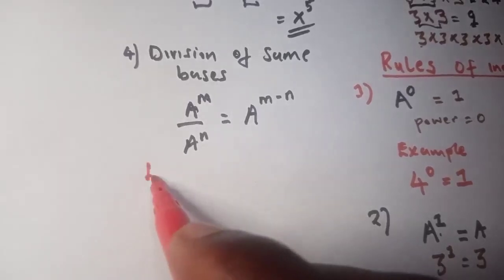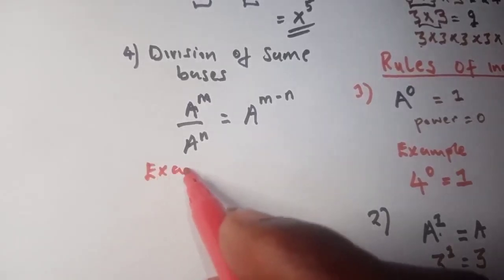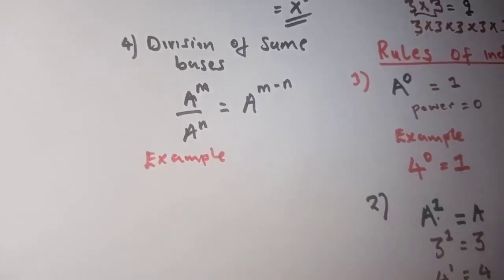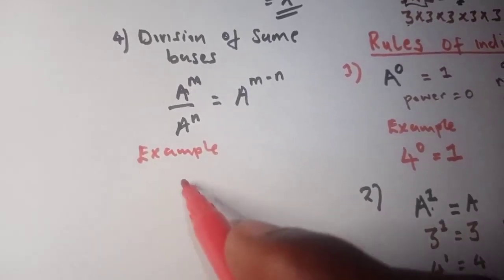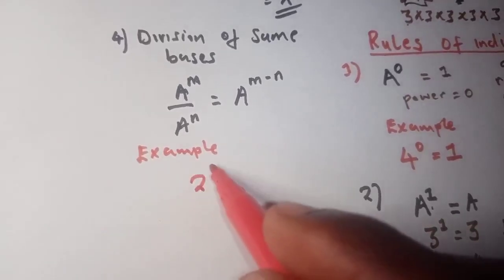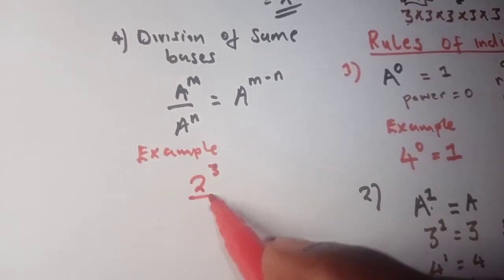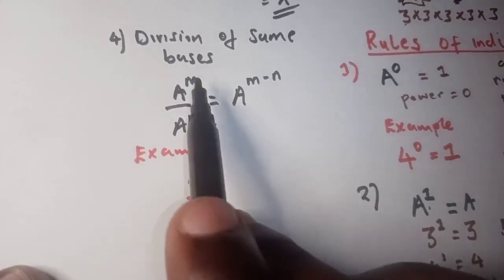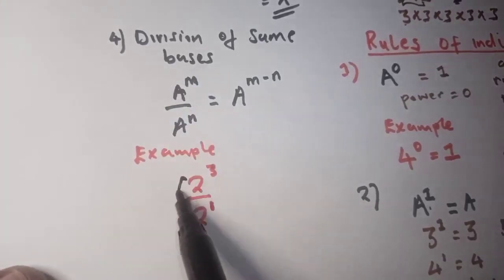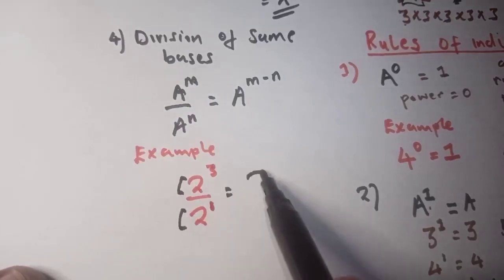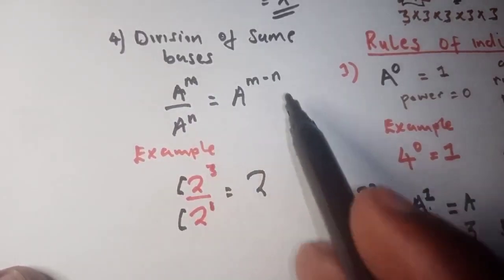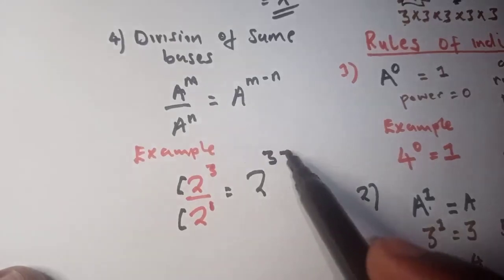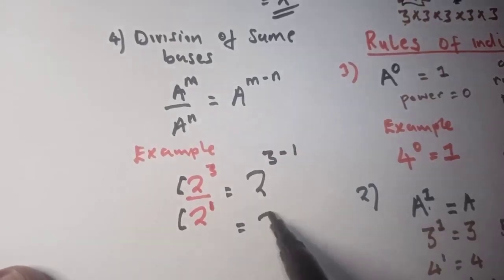Example. You have 2 raised to the power 3 over 2 raised to the power 1. To answer this example, according to this formula, the bases are the same, so you get the base, then you subtract the powers, 3 minus 1, and this will give you 2.